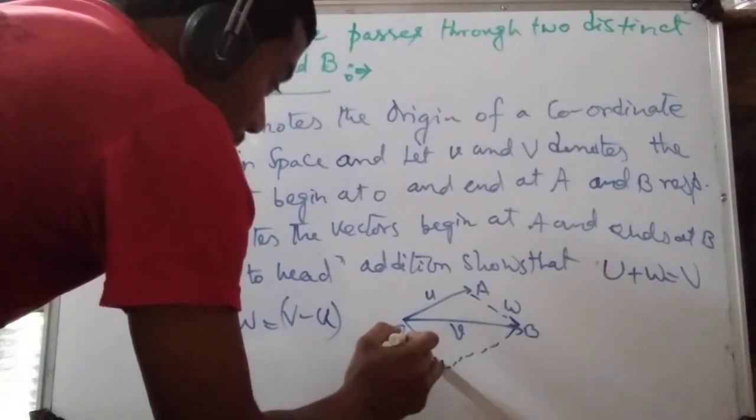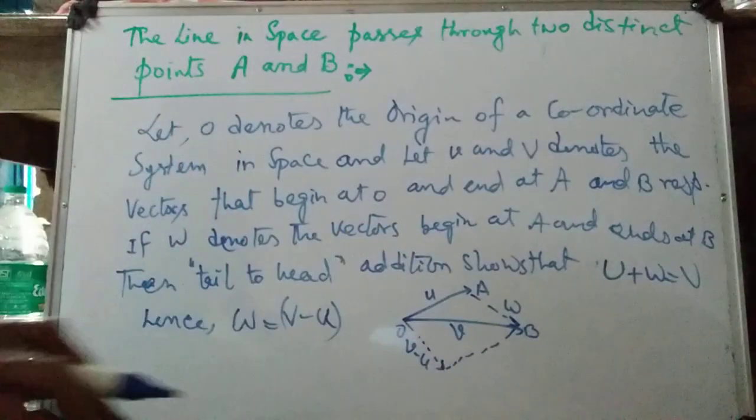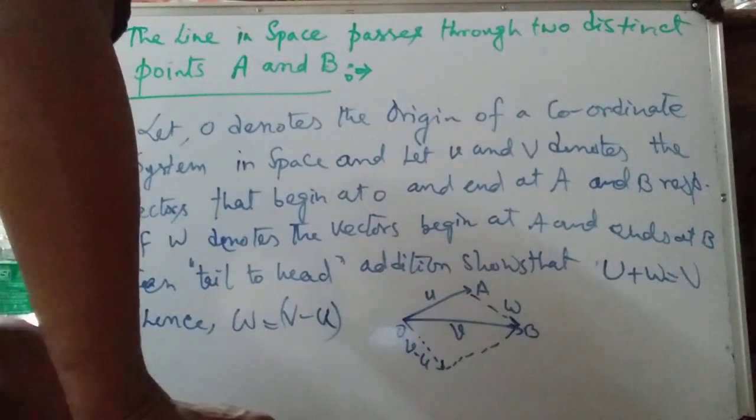Then this one equals v minus u, equal to w.